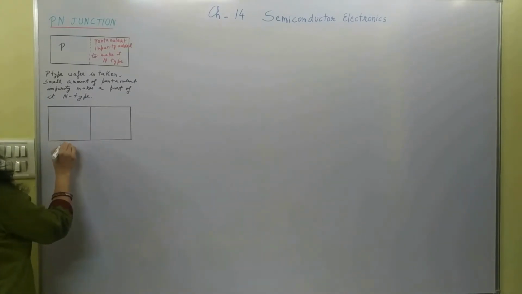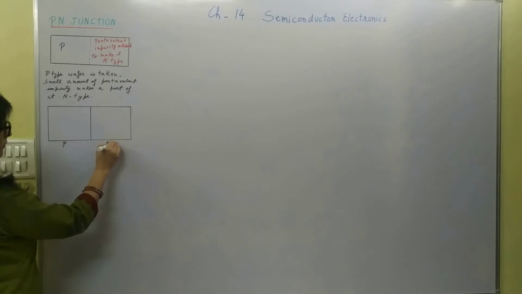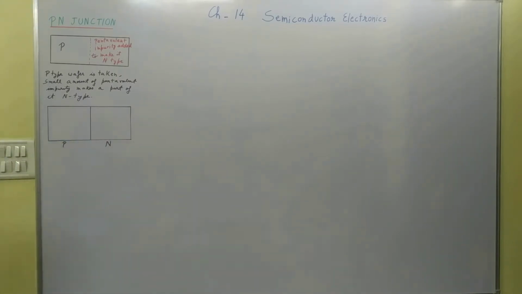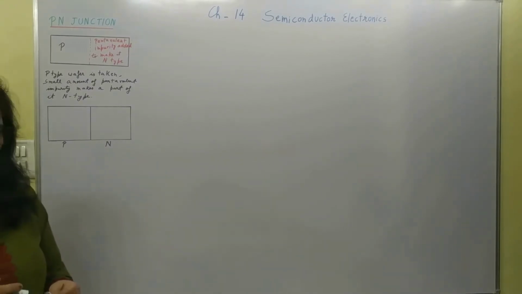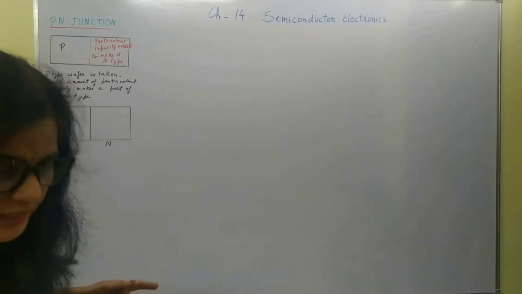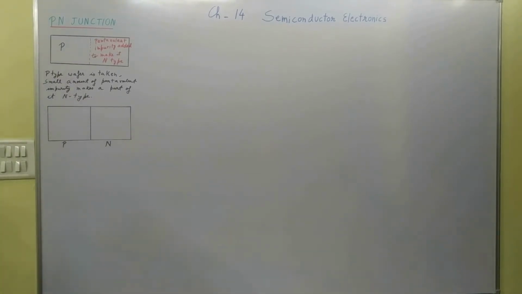So this is the P side and this is the N side. We know that on the P side the majority carriers are holes and on the N side the majority carriers are electrons.